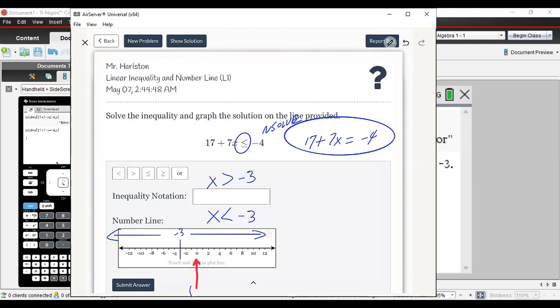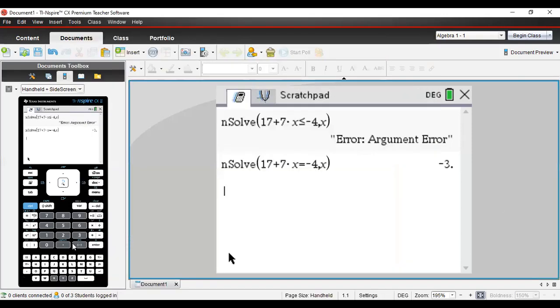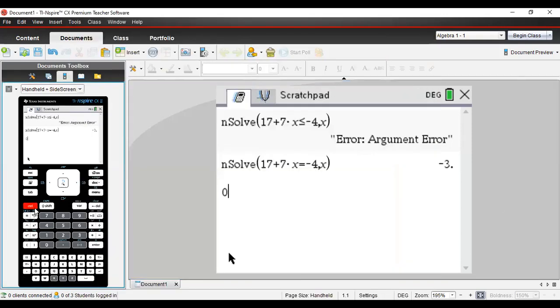Here's the number we're going to use: 0. So we're going to store 0 into x and press enter. Now, I know that I told you guys never store 0 or 1, but this is the exception to the rule. Whenever you're trying to figure out which way an inequality should go, you should always use 0.